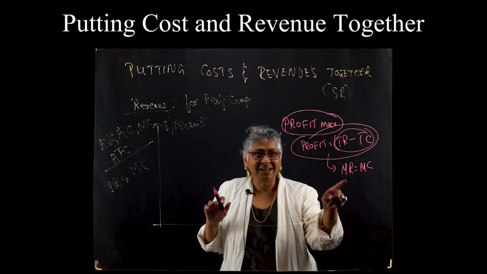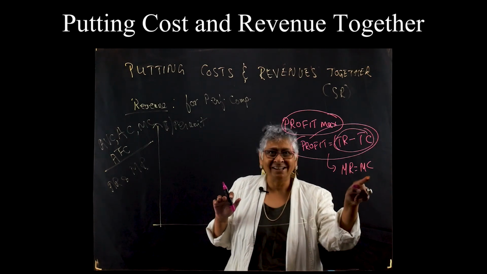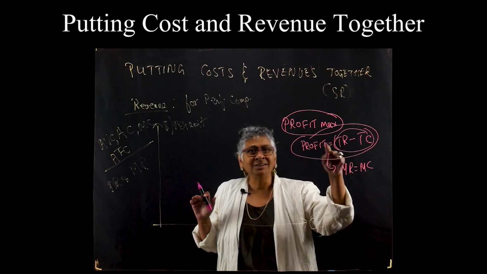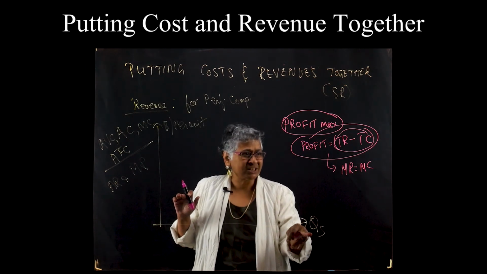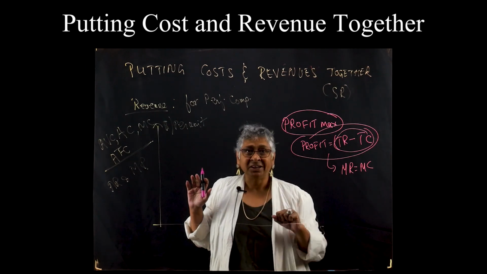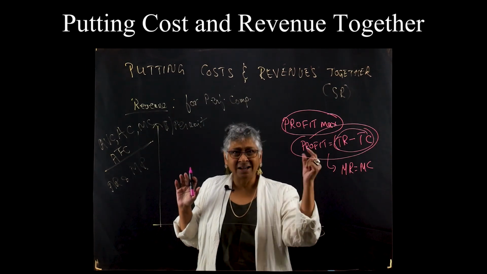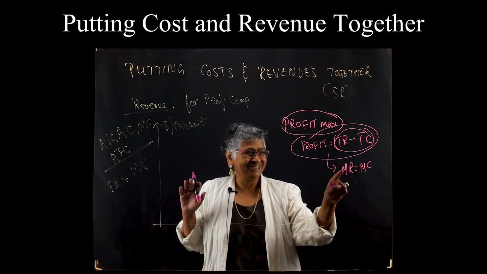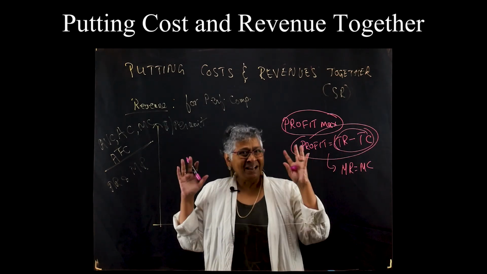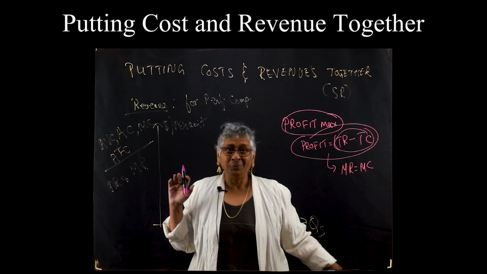But if the extra money I get is less than the extra cost, I shouldn't do it, right? So the marginal idea is for each extra unit: extra money, extra cost. If this is greater than that, let me do it. If this is less than that, pull back. So I'll do the best when they equate, right?